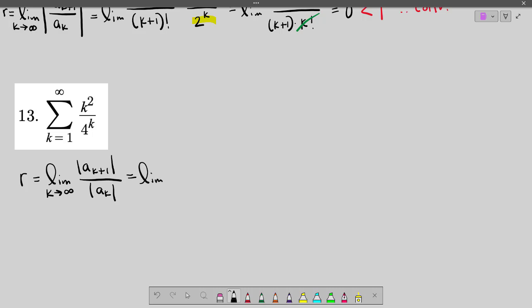So first we do k plus 1. Everything's positive here, so absolute value bars are unnecessary. So there's a sub k plus 1. Now we divide by a sub k, which means multiply by the reciprocal of a sub k. So that gives us that.